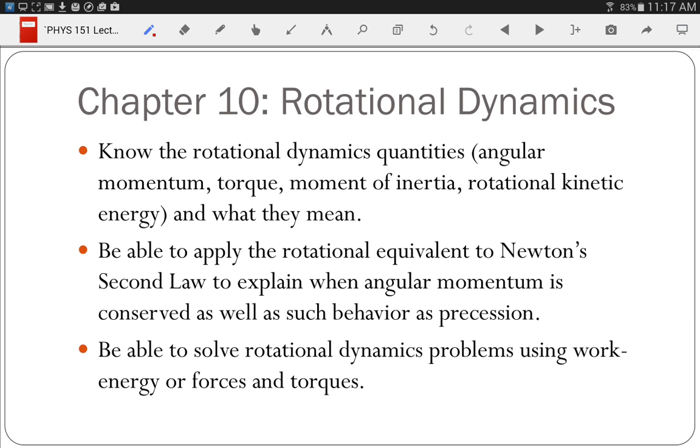I had 2 problems for this chapter. Rotational dynamics. Rotational dynamics is using the same ideas that you used before in dynamics, but using the rotational counterparts. So you now have to know angular momentum, you have to know torque, you have to know the rotational inertia. Before we just learned inertia, otherwise known as, what's the other name for inertia?